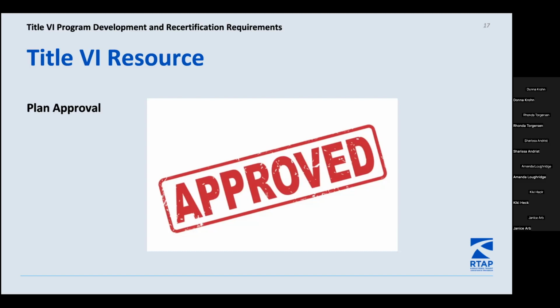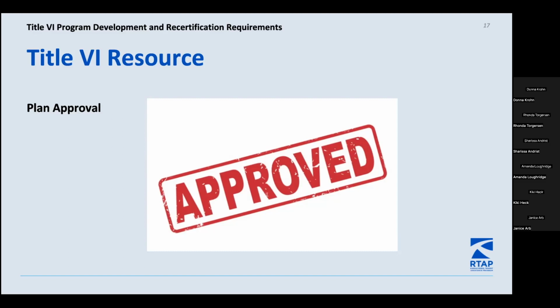So for complaint process and monitoring, make sure that if you have received any complaints, those are all up to date and within the table that you've set up to monitor your complaints. And also within the LEP process, there's that monitoring, if we recall, just to make sure that, again, if there's any complaint submitted for that, we're keeping track.